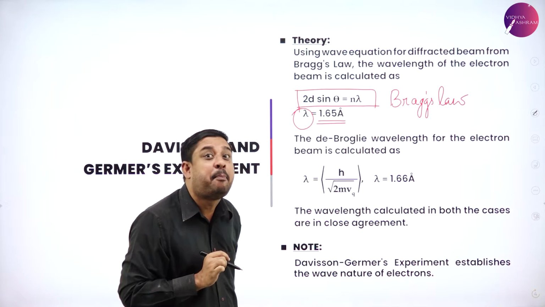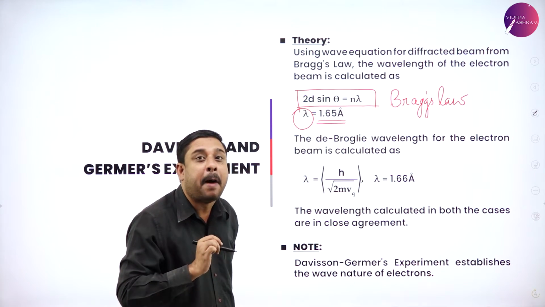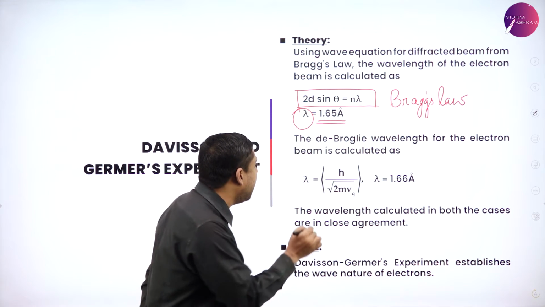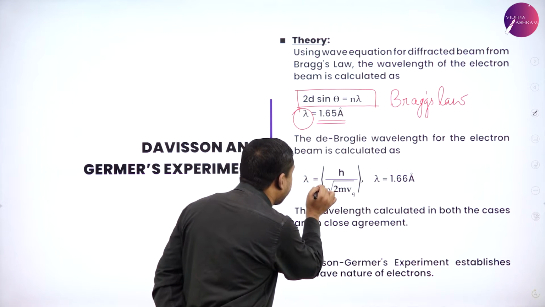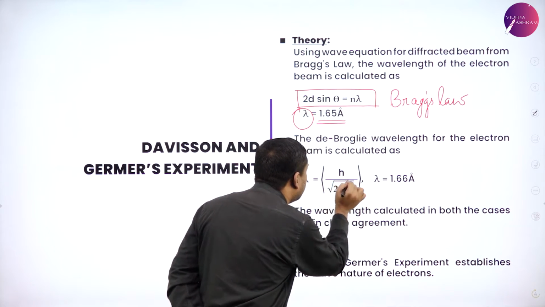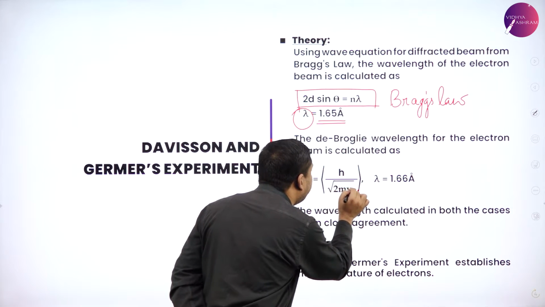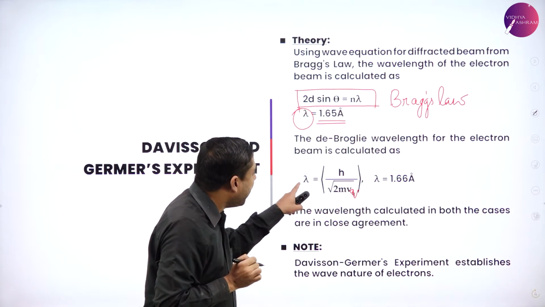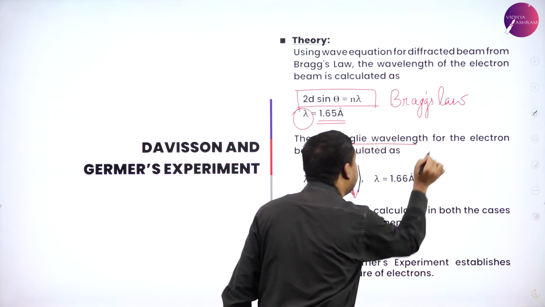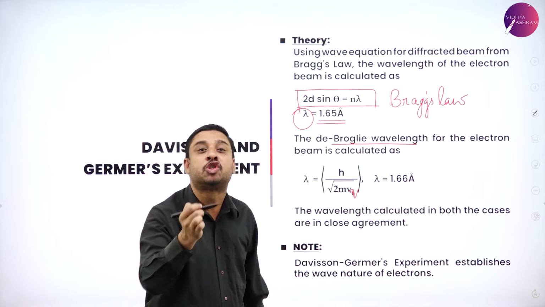Now if I consider the electron to be a particle in motion, the de Broglie wavelength lambda is h divided by root of 2mVq. Why does the de Broglie wavelength come into the picture here? The electrons are in motion.